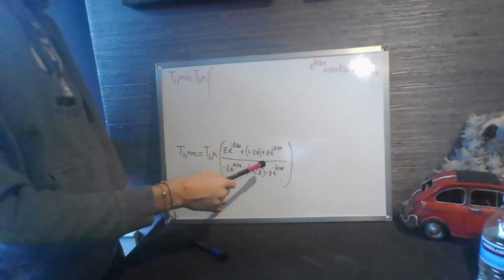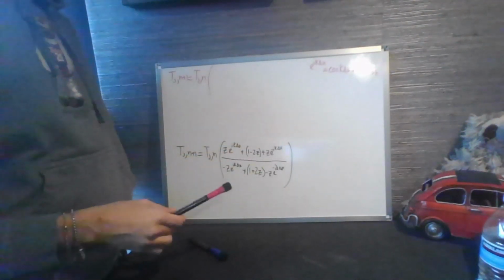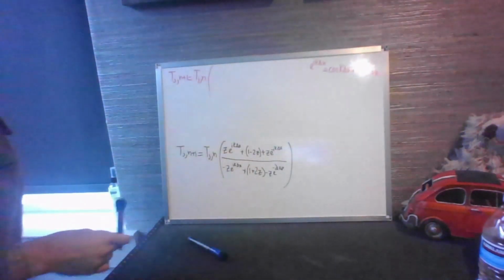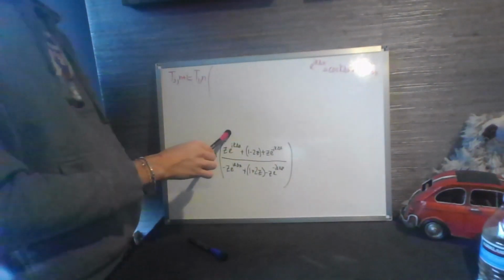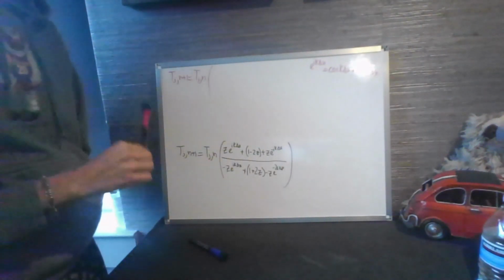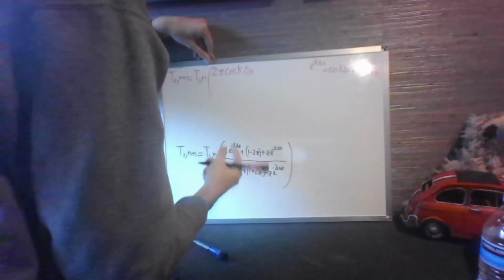So what that will look like is plus z cosine k delta x minus zi sine k delta x. So the sine from here we take away the sine from here, so that we end up with 2 cosine k delta x. So that's our numerator, 2 times z cosine k delta x. And of course we still have this plus 1 minus 2z.